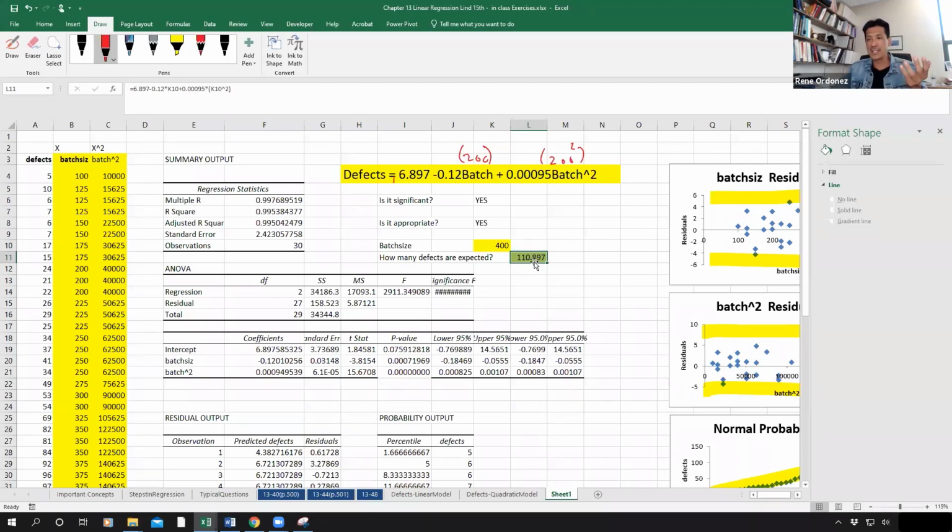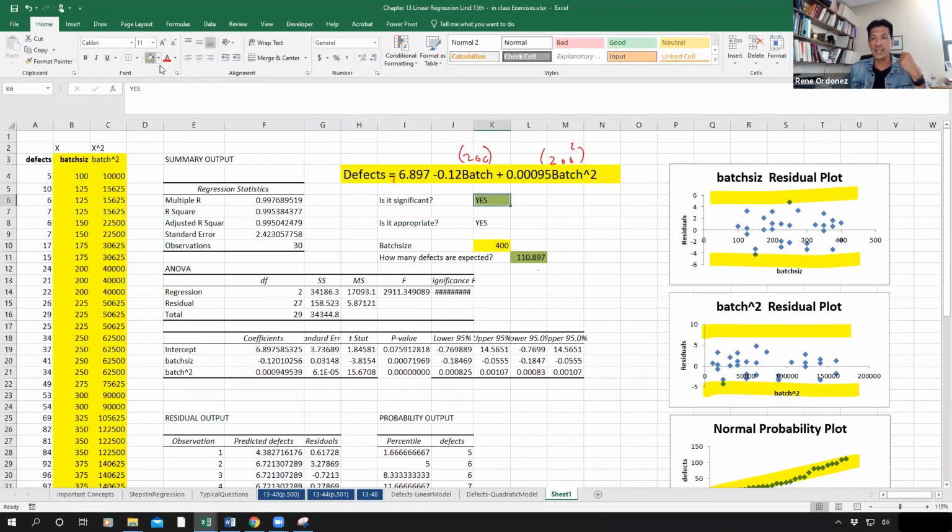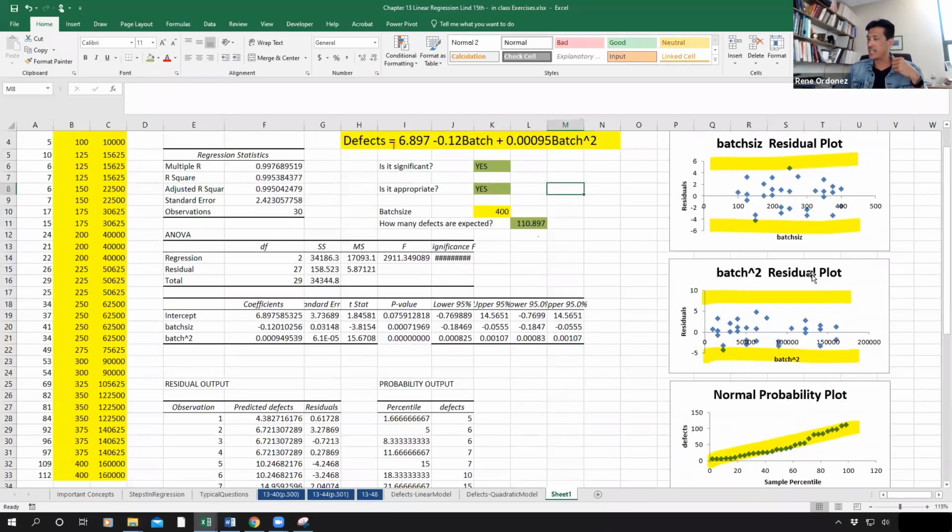Now I'm doing this kind of estimation because we have determined that this quadratic model is both significant and, more importantly, it is appropriate, by using these residual plots.